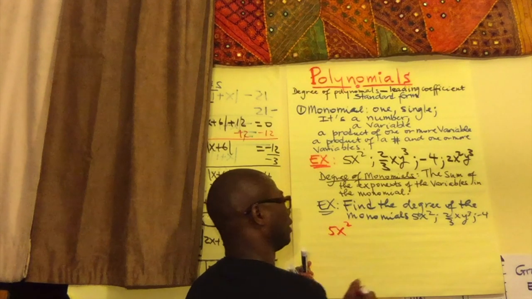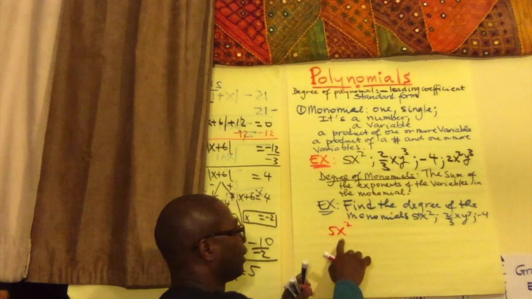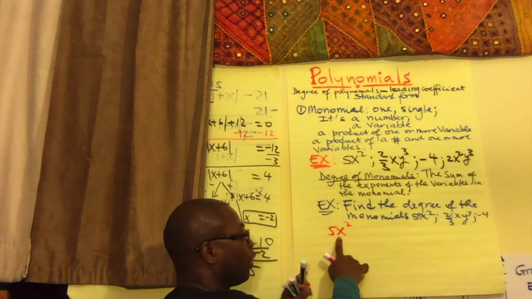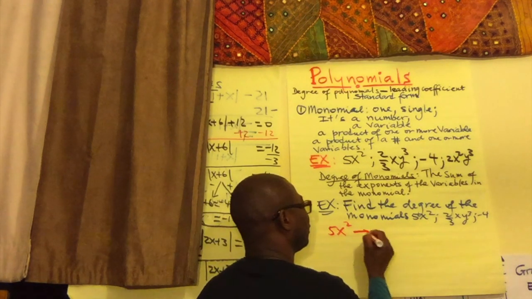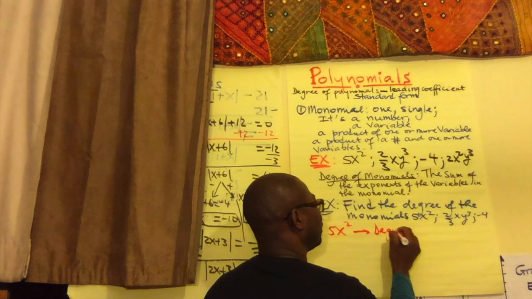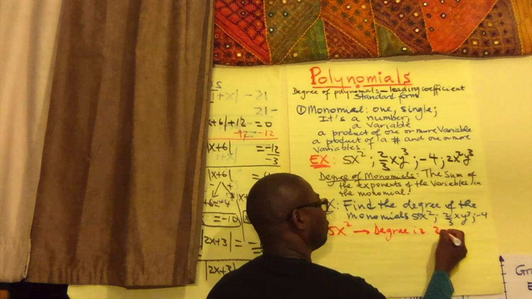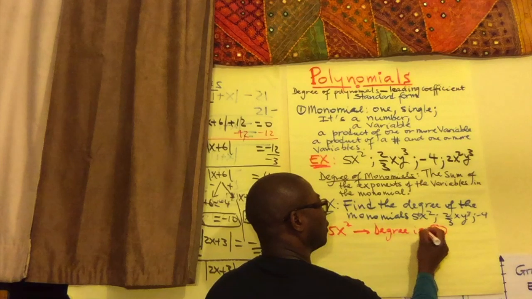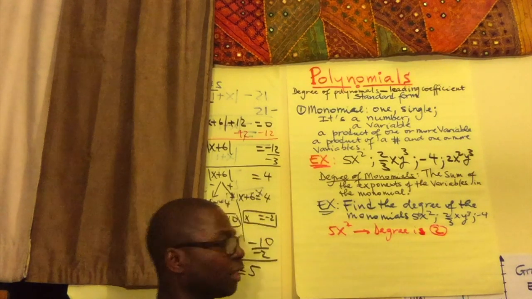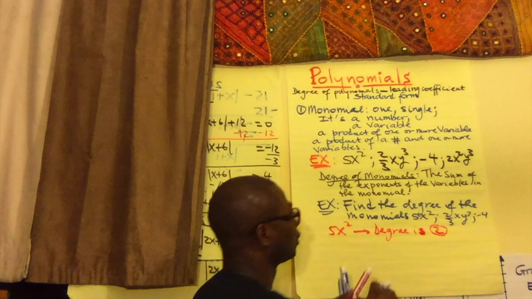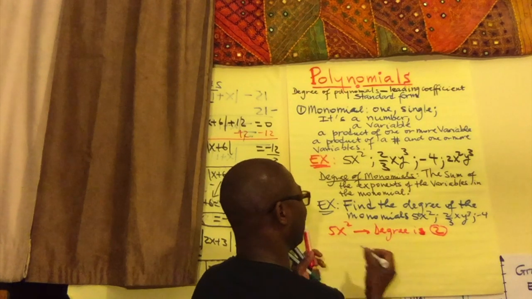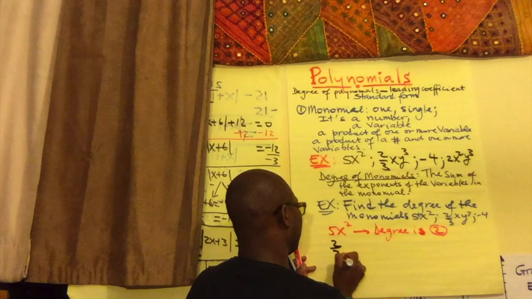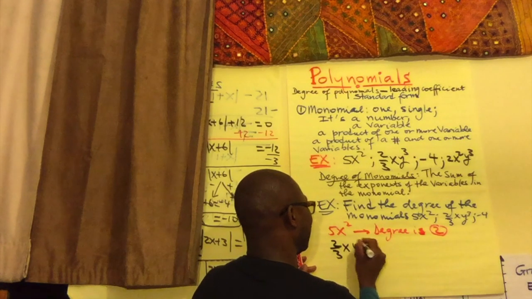If we take the first one, 5x squared, here is our variable. The variable has exponent 2. So the degree here is 2. Then we take the next one, 2/3 of x y cubed.